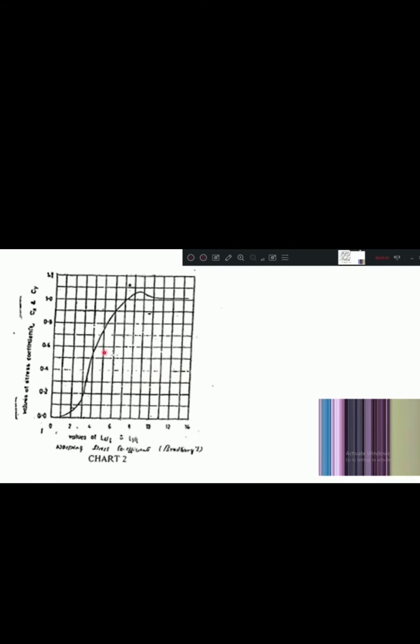Next is the warping stress coefficient, that is Cx and Cy. How to find? For this we have an x-axis with Lx by L and Ly by L. Lx is the length of the panel, Ly is the width of the panel, and small l is the radius of relative stiffness.